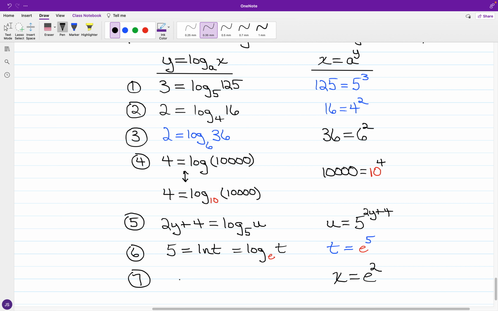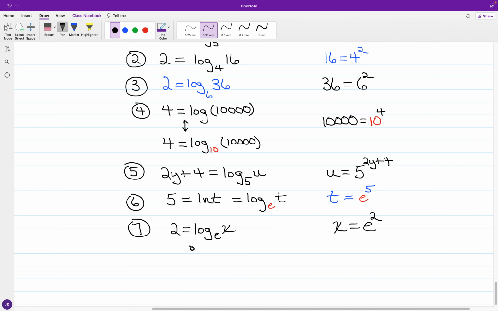So y is 2, and for the base a logarithm, that's going to be base e. So 2 is equal to the base e logarithm of x, and that can also be written as 2 is equal to the natural logarithm of x.